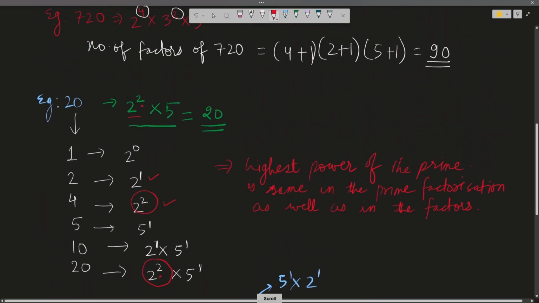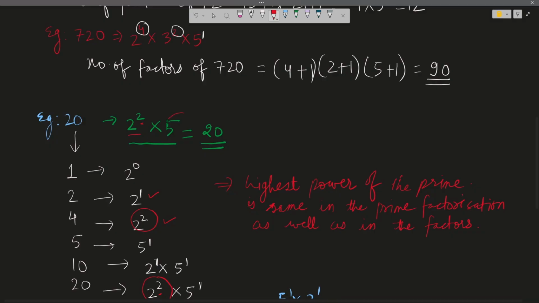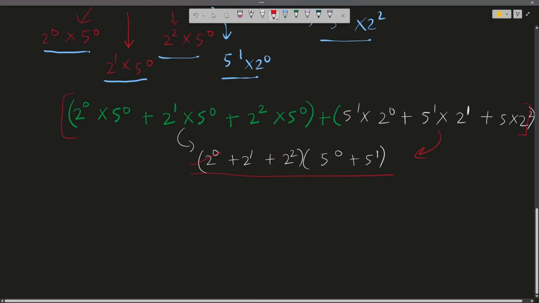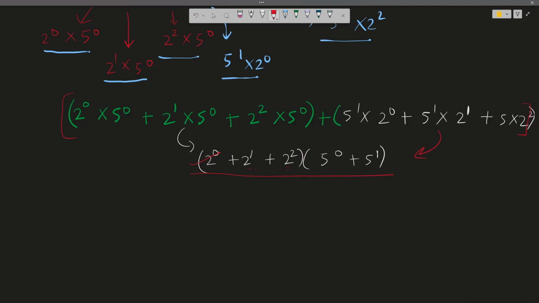In the case of prime factorization, we have got the highest power of 5 as 5 to the power 1 and the highest power of 2 as 2. Similarly, we can say that the powers of the prime number continue only till 2, and 1, which is 2 to the power 0, is added.